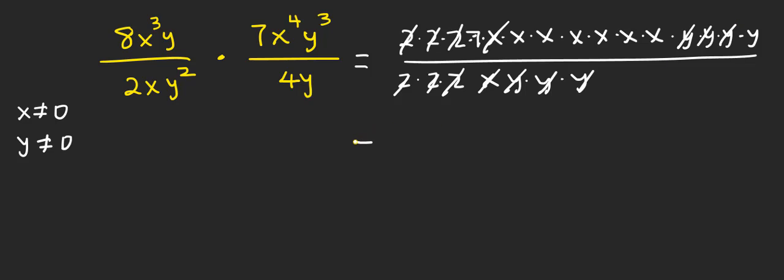So what's left over? You end up getting 7, and then 1, 2, 3, 4, 5, 6 x's, and then you have 1 y. So either way, you get the same thing, but obviously this takes longer than the earlier one.